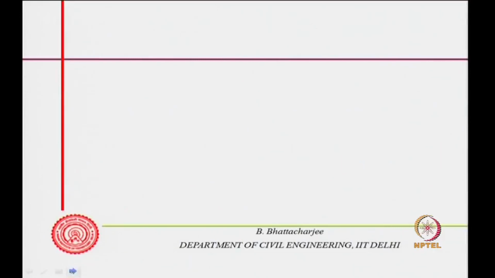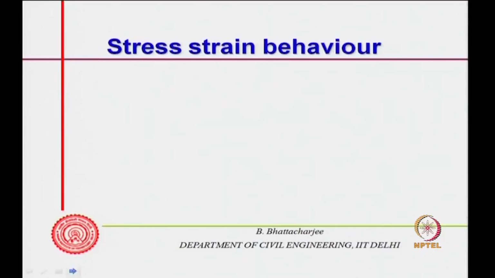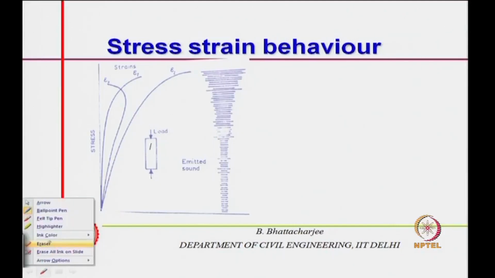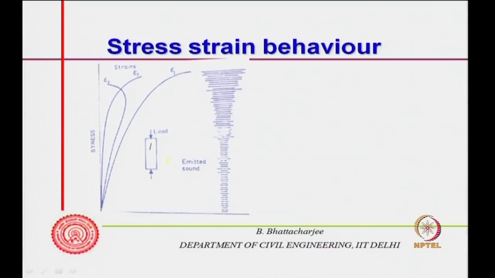Now, let us look at this. If I apply load like this, one of the specimens is here. This is longitudinal strain, that means strain along this direction, dimension change.